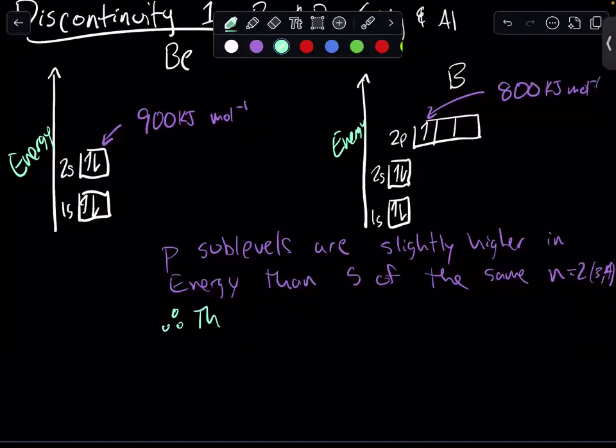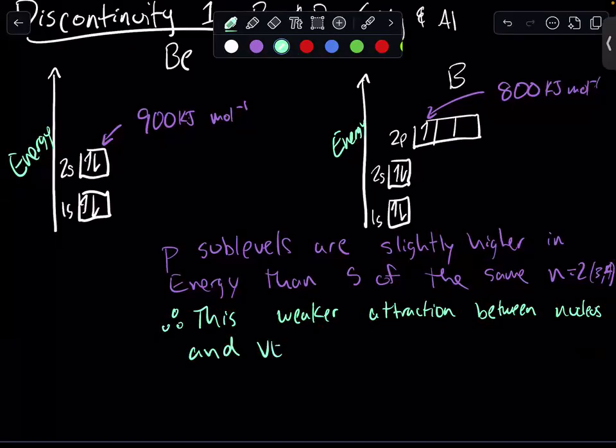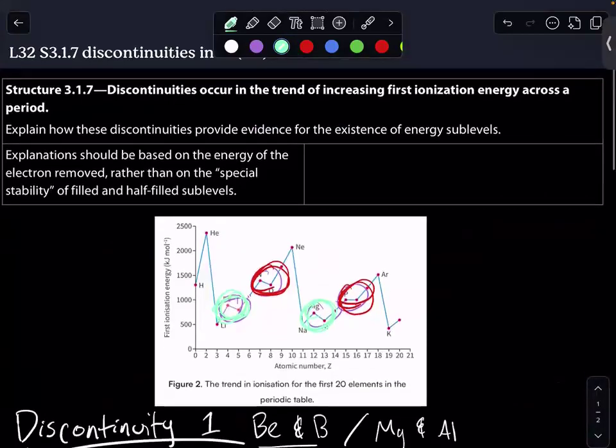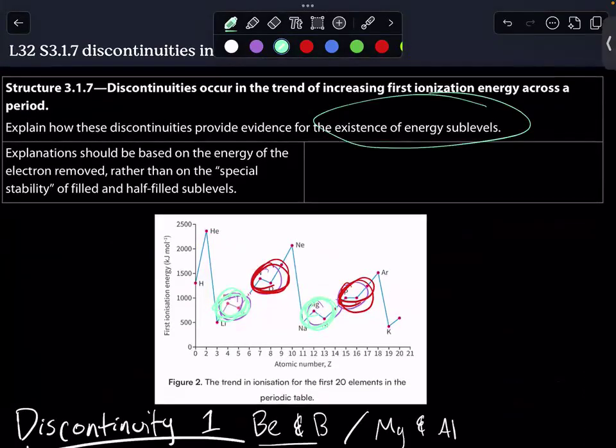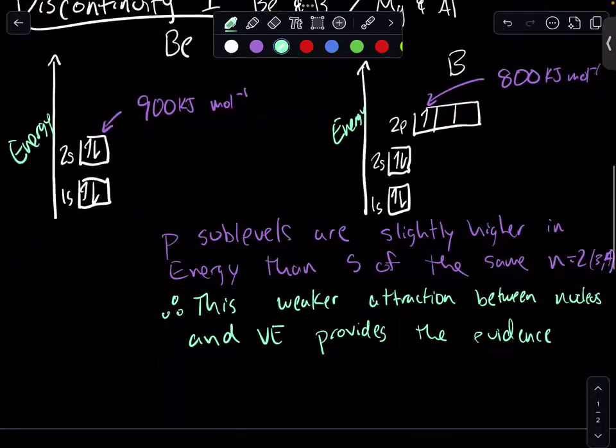Therefore, this weaker attraction between nucleus and valence electron provides the evidence, specifically like what we had, of existing energy sublevels.